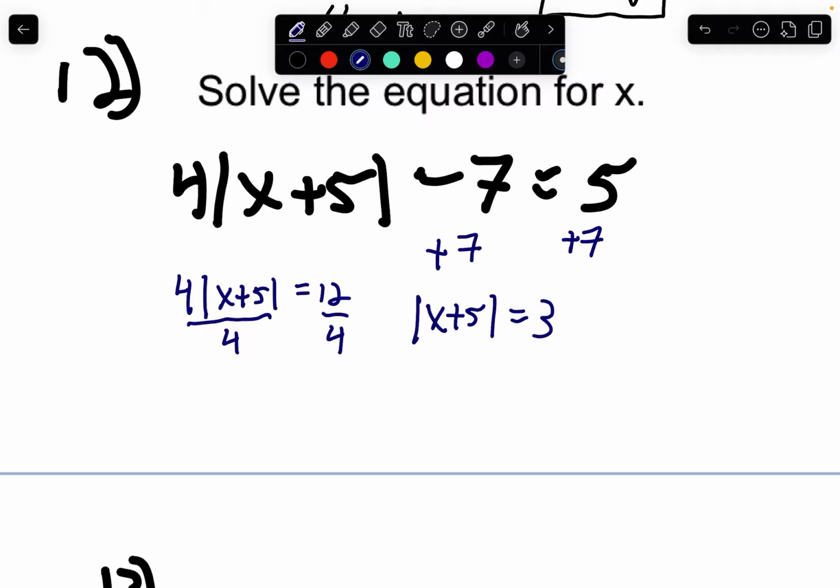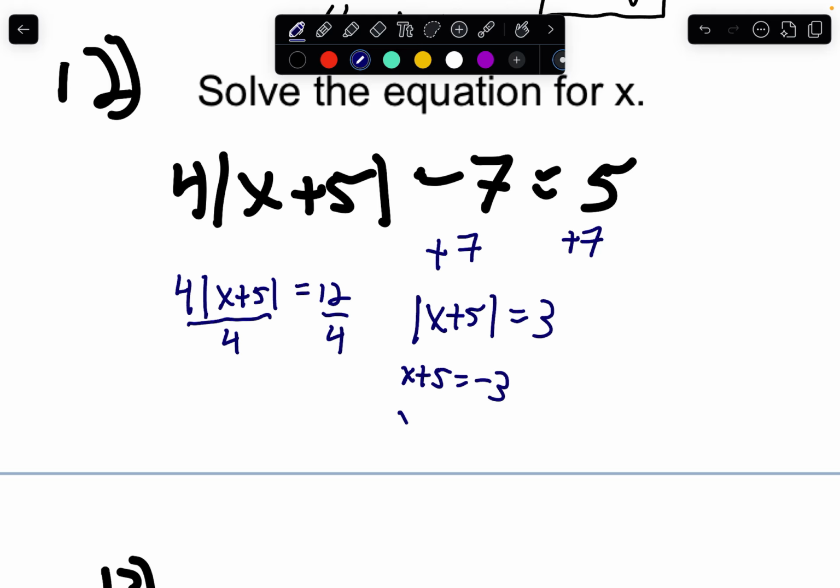Now I'm going to use the fact that x plus 5 has 2 possible outcomes. The inside, this right here could be negative, right? Because when you take the absolute value, it makes it positive. So one option is that x plus 5 can equal a negative 3.